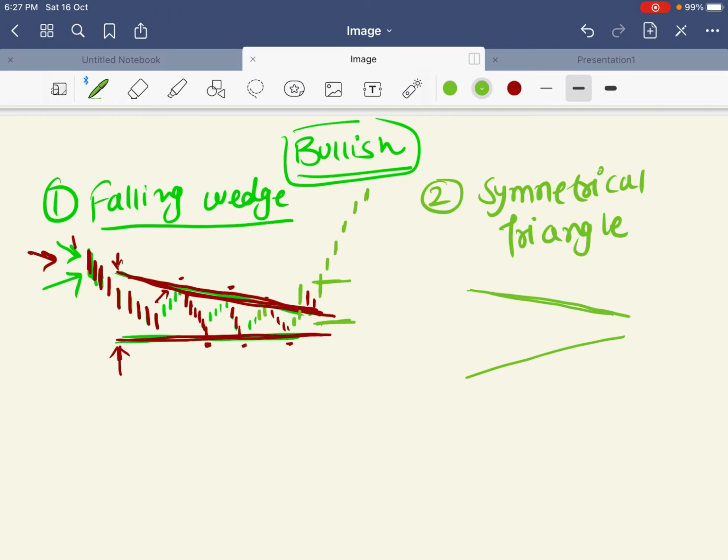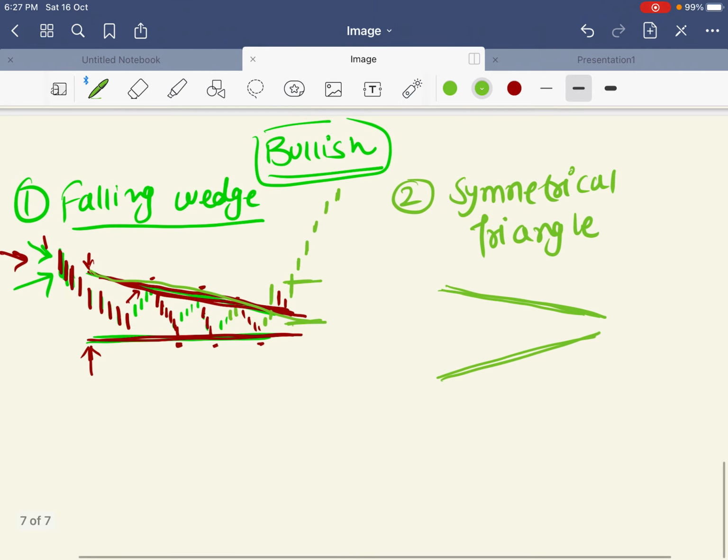Roughly it looks like this. As you can see, it is similar from both sides. Here this line is horizontal and this is falling, but in this case both sides of the triangle are the same. Let me show you how to identify this pattern and how you can take entries accordingly.